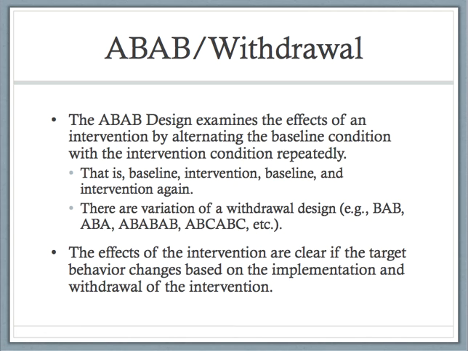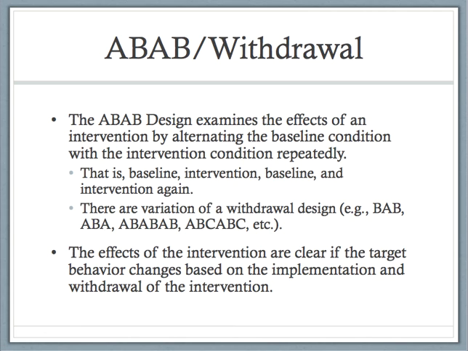Now, in that case, there are 2 separate interventions, which is what the B and the C is in reference to. What makes this different from an alternating treatment design, which we will discuss later, is that in an ABC design, there is still a return to baseline.